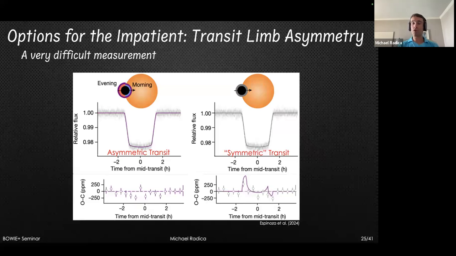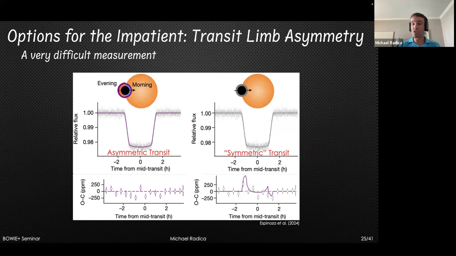Now, a key difficulty with this technique is that the residuals that we expect between an asymmetric and a symmetric transit are quite small. I'd be very skeptical if you just looked at these residuals and told me without a doubt that the asymmetric transit definitely fits better than the symmetric transit. The differences are primarily going to be during ingress and egress, which is also generally where we have fewer points because ingress and egress are much shorter compared to our baseline or compared to the transit itself.